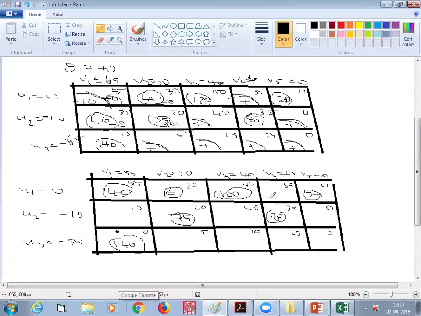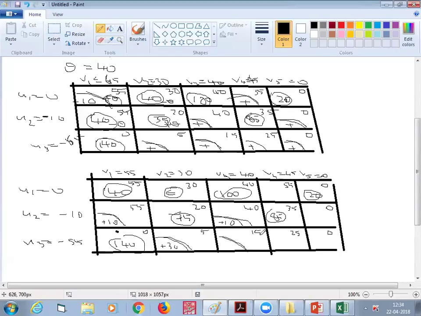Okay, and now I can calculate all these. So 55 minus 10 is 65, minus 55 is plus 10. I think it's optimal now. Here this is 5, minus 55 is 60, minus 30 is plus 30. This is 40. 40 minus 10 is 50. Minus 40 is plus 10.